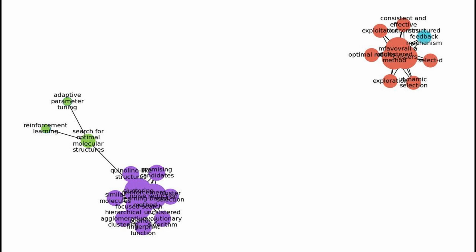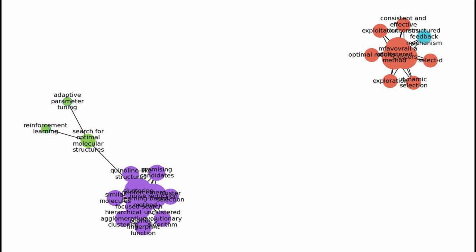The proposed reinforcement learning-based method for cluster selection outperformed the unclustered evolutionary algorithm in the search for quinoline-like structures due to several specific advantages. First, this method effectively utilized clustering to group similar molecules, allowing for a more focused search.